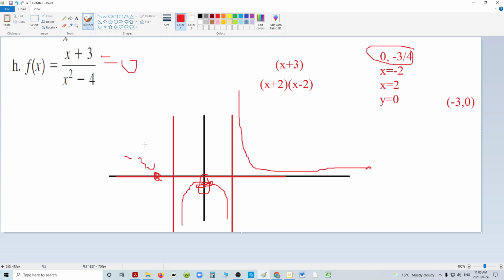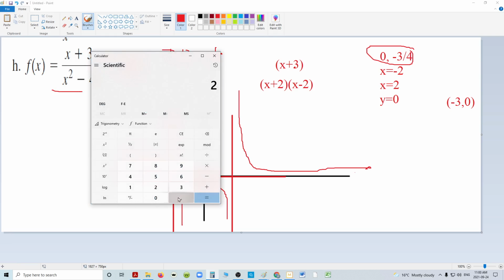Let's look at what happens, since this is minus 3 and this is minus 2. Let's see what happens at minus 2.5. I get minus 2.5 becomes plus 0.5. And minus 2.5 here, minus 4, so minus 2.5 squared becomes positive.